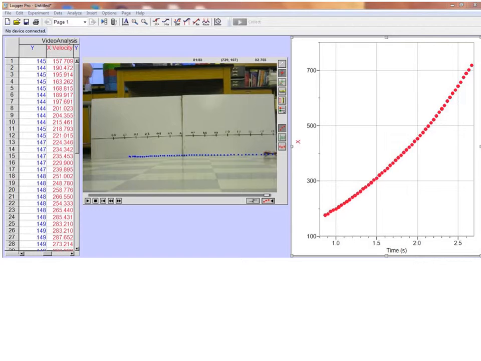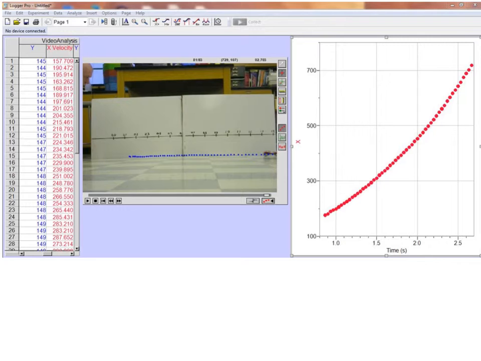Suppose a car can speed up when it's released. What would the motion map look like, and what would the position versus time graph look like? Well, I was able to find a movie which I showed in class of such a car, and you can tell that the dots are very close together, but as it moves across the floor the dots become further and further apart.